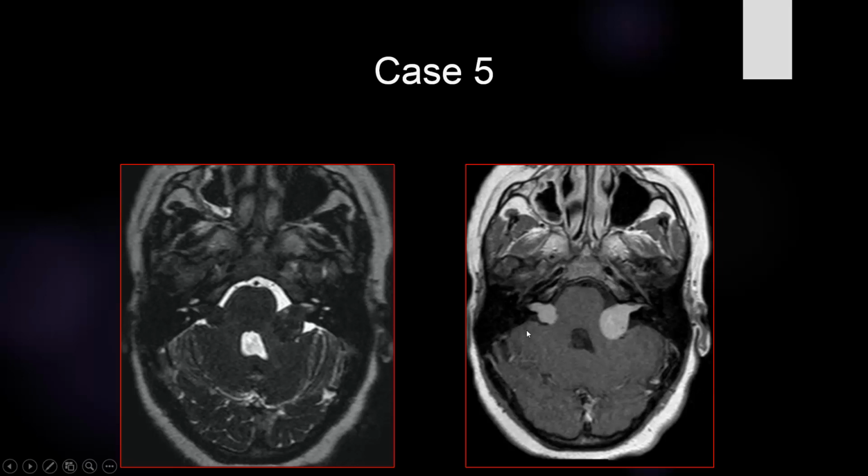These features are typical for bilateral vestibular schwannoma, as we know that bilateral vestibular schwannoma, or cerebellopontine angle schwannoma, is pathognomonic for neurofibromatosis type 2. So this is a typical case of neurofibromatosis type 2 with bilateral cerebellopontine angle schwannoma. You must say that this patient has neurofibromatosis type 2 and bilateral cerebellopontine angle schwannomas.